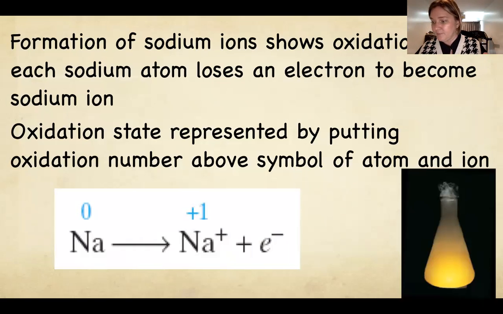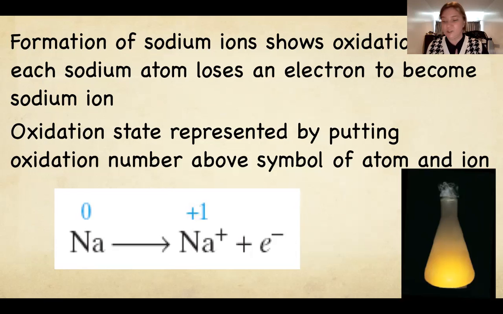We start with a sodium atom, which, remember from rule number 1 for oxidation state, atoms in their pure state have an oxidation number of 0. And we form a sodium ion because we lose an electron.